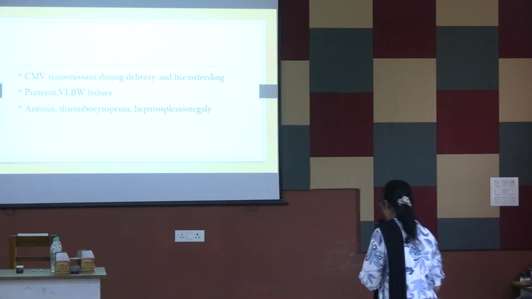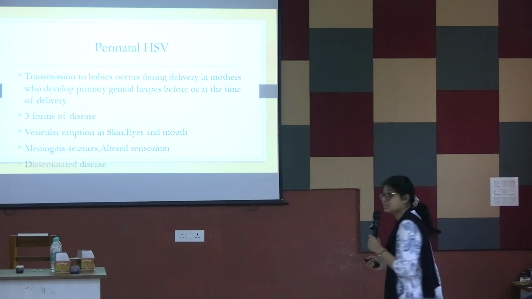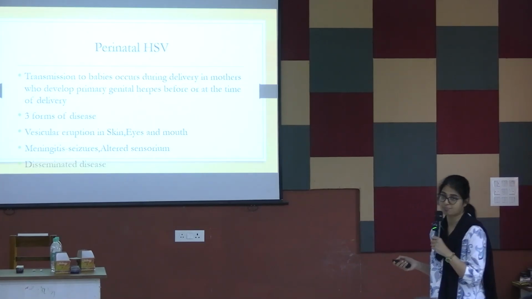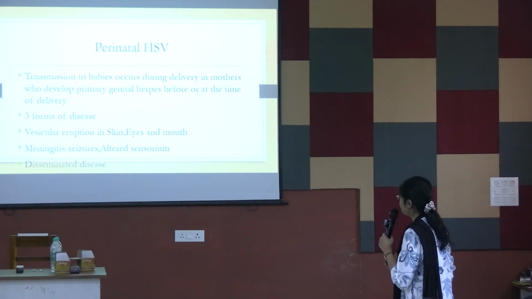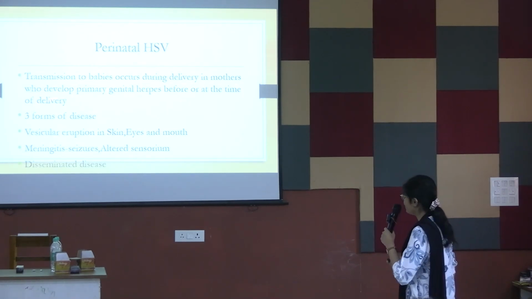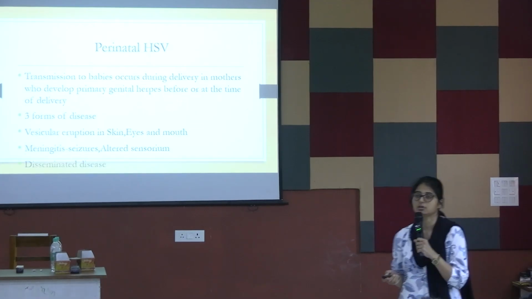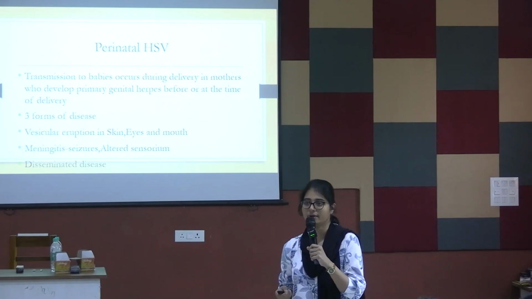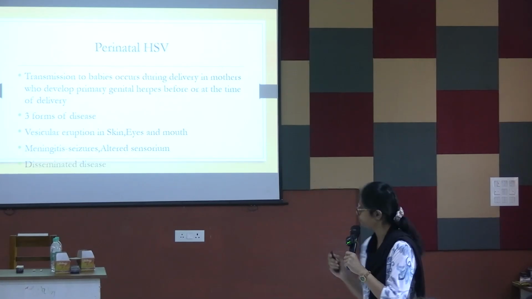Now we will talk about herpes simplex virus, perinatal herpes simplex virus. So transmission to babies occurs during delivery in the mothers who develop primary genital herpes before or at the time of delivery. Because those lesions are in the genital region, so at the time of labor it happens.